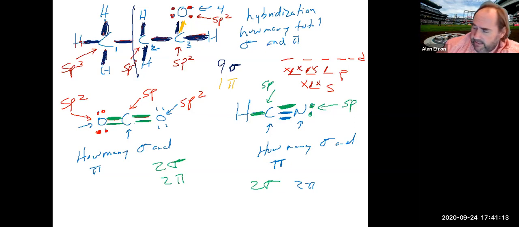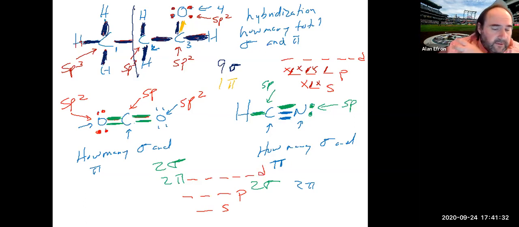As I did a number of times the other day, the simplest way is to draw yourself 1 s orbital, 3 p orbitals, and we won't get anything past d, so d orbitals. Once you figure out the total number of electron pairs, you can count off the hybridization by always starting at s.